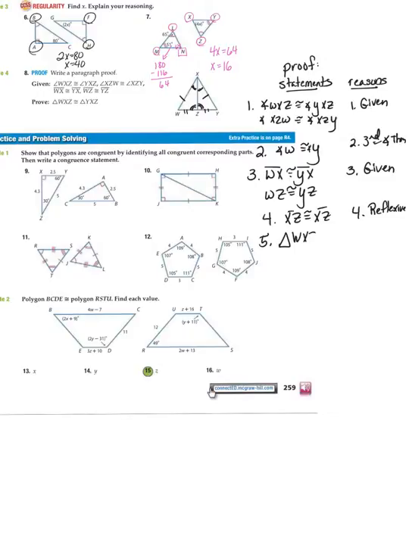Therefore, my triangles are equal. Make sure you get the letters in the right order. And that's the definition of congruent polygons. All angles are equal. All side lengths are equal. And I should put that part corresponding. Corresponding is very significant.